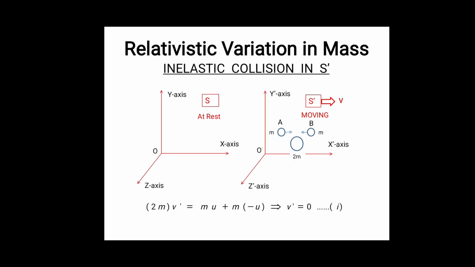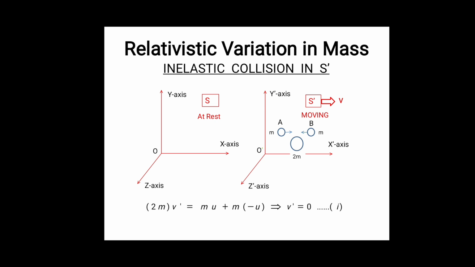In the moving frame of reference S dash, consider an inelastic collision of two bodies A and B moving with the same speed u along the x-axis but in opposite directions. Suppose each of the colliding bodies has mass m and the bodies collide into each other.